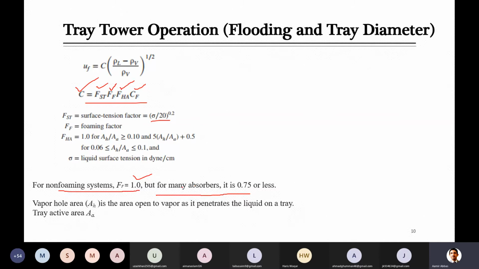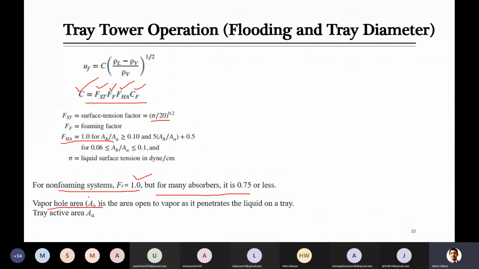So for various liquids, we can find the values of the different foaming factors from the literature. But if you just consider non-foaming, you can directly use 1. And then this is FHA. Here you can see that FHA is 1 for AH over AA greater than 0.1. What are AH and AA?